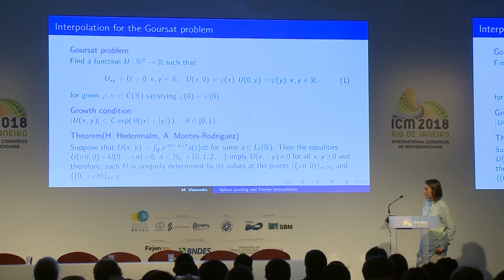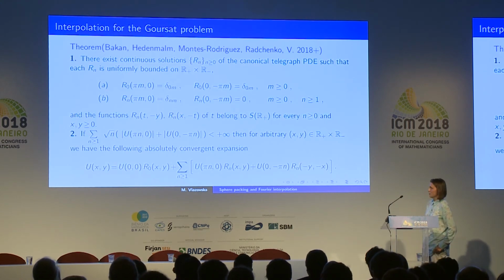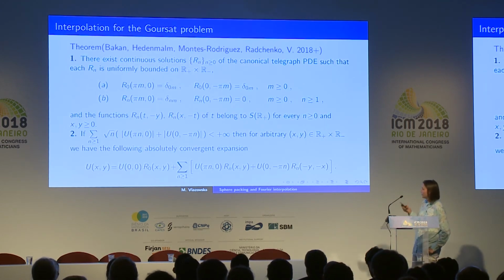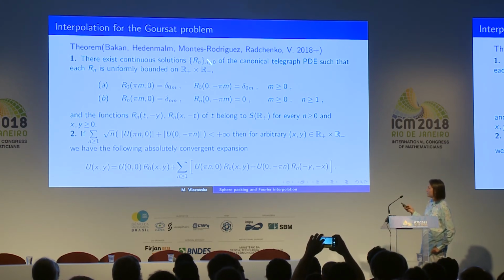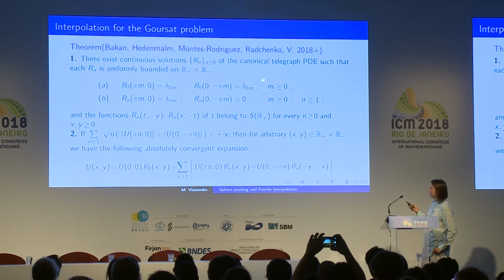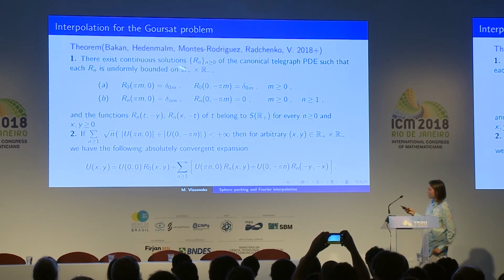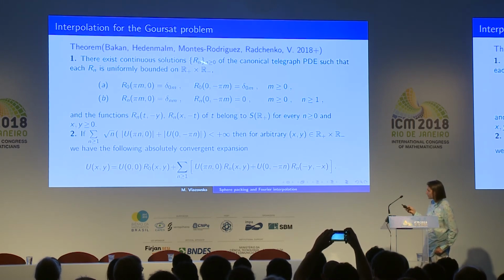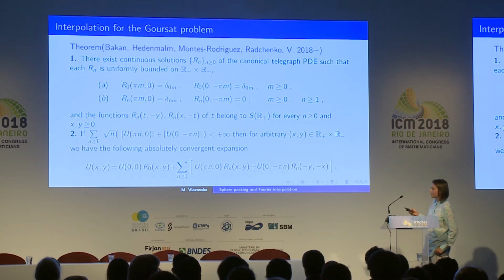And with our result on Fourier interpolation, we can write an explicit formula. Here are some technical conditions I'll probably skip. This is the problem we are currently working on. We have a continuous sequence of solutions of this canonical telegraph equation, which are bounded on this quarter plane, and they satisfy the following conditions.